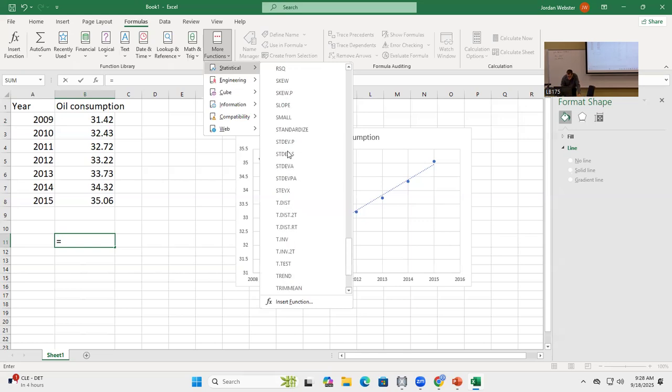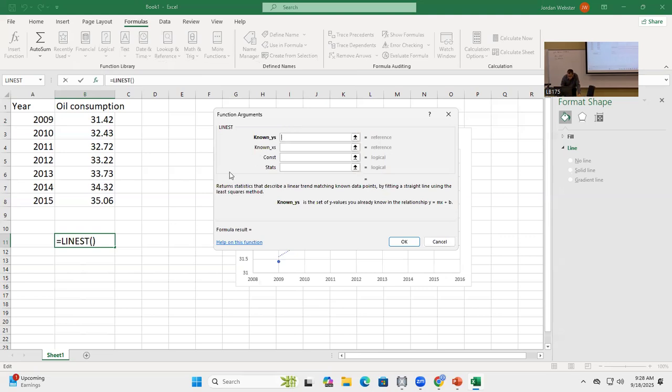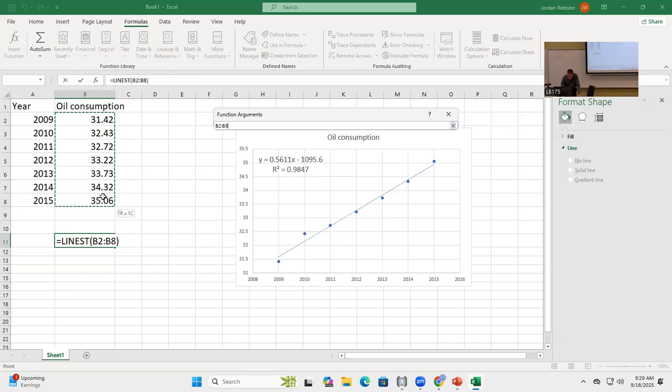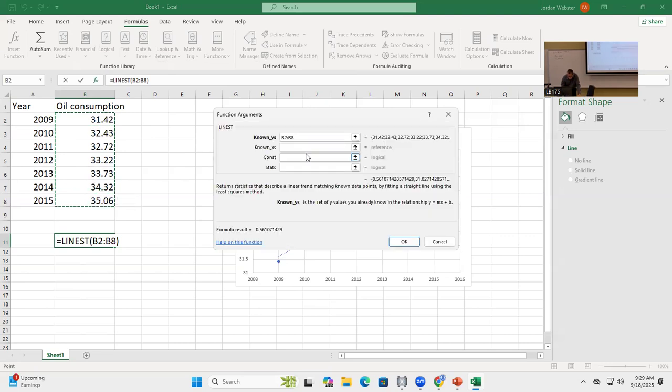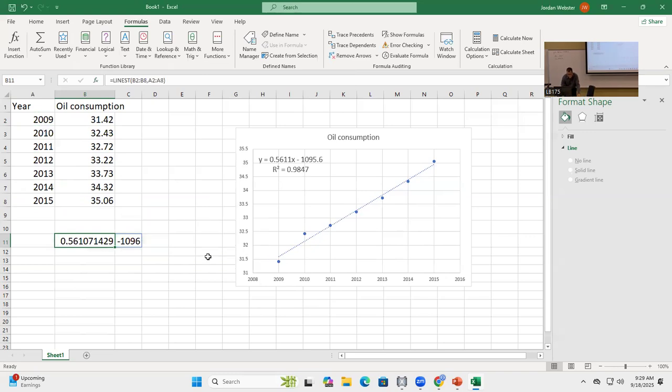Did I miss it? There is a linear regression in here. I just forget the typing in of it, though. I don't think it's linear estimation. Known Y's, X's. Is that it? There we go. LINEST. I was thinking LINREG.